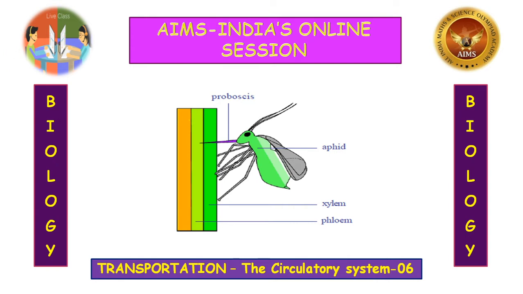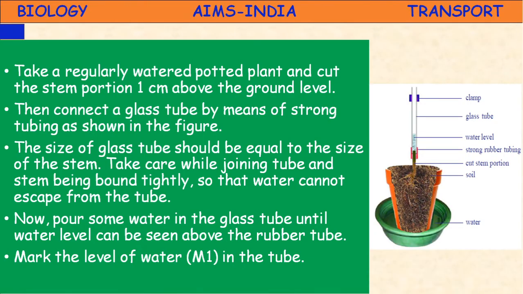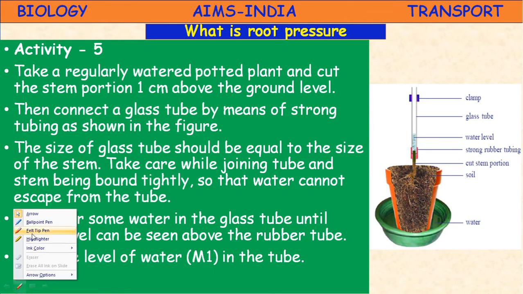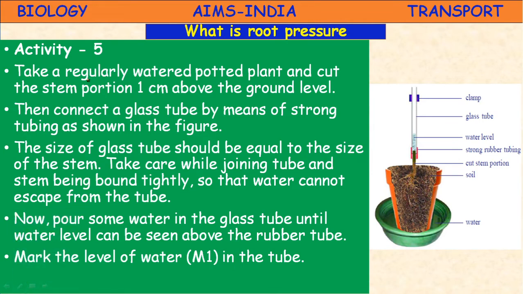To understand this, today let us continue. Activity number 5: What is root pressure? Take a regularly watered potted plant and cut the stem portion 1 centimeter above the ground, like this.